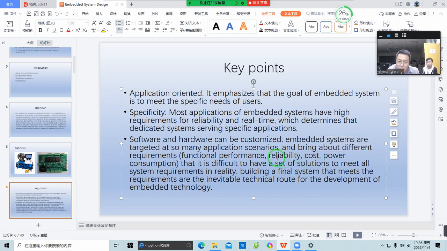Sometimes you have to make a trade-off between cost and reliability, especially in consumer devices. So it's difficult to have a set of solutions to meet all system requirements in reality. You have to learn some trade-off, keep some balance.